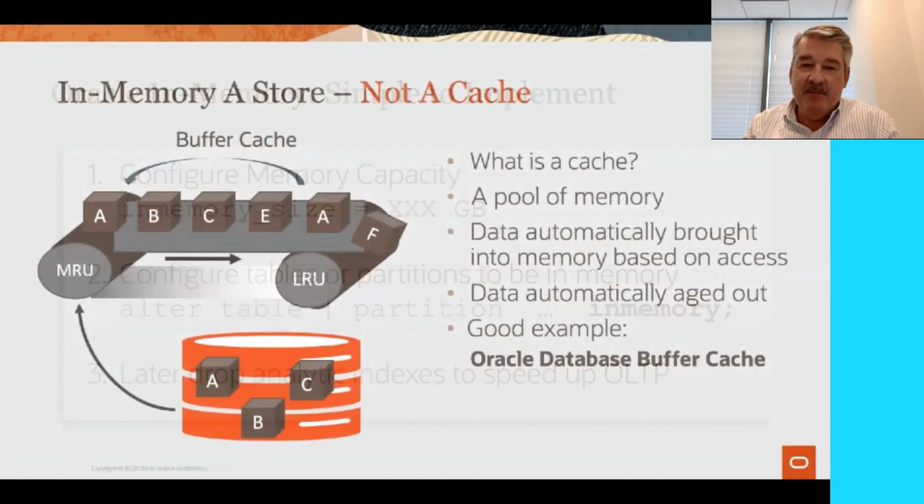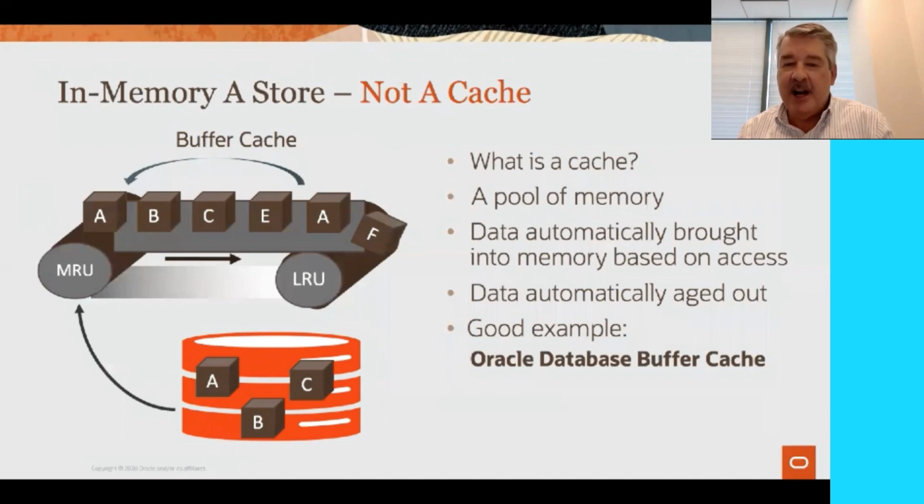Let me finish up by highlighting that since the column store isn't a cache, the amount of memory you decide to allocate to the column store becomes important, because it's going to be fixed in size, unlike the buffer cache, which is a cache.